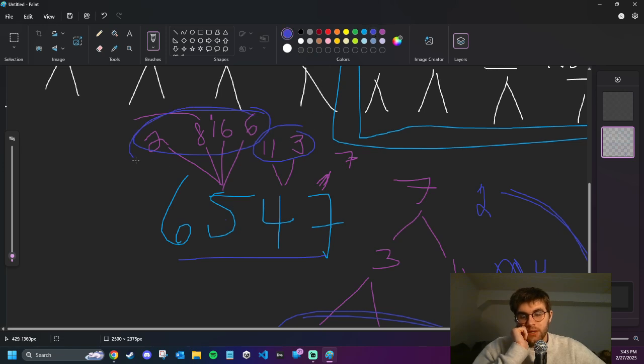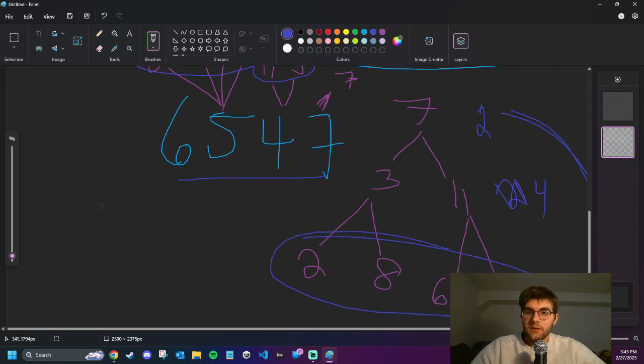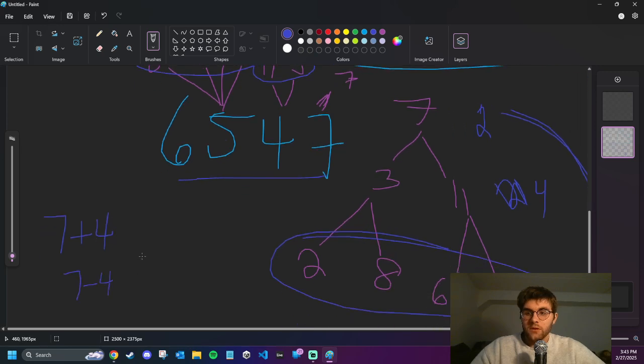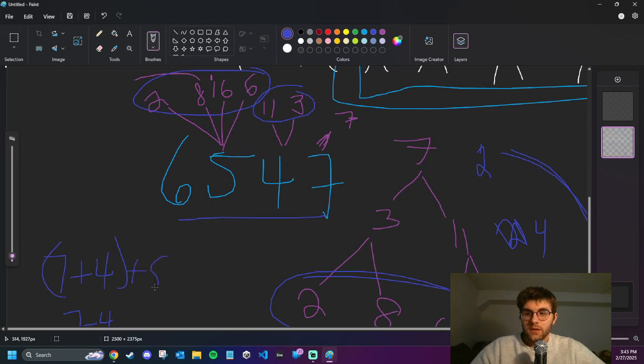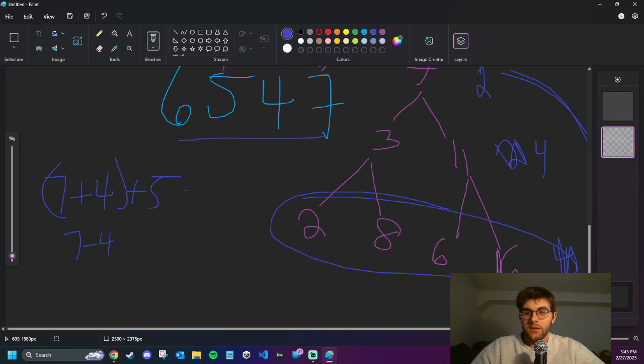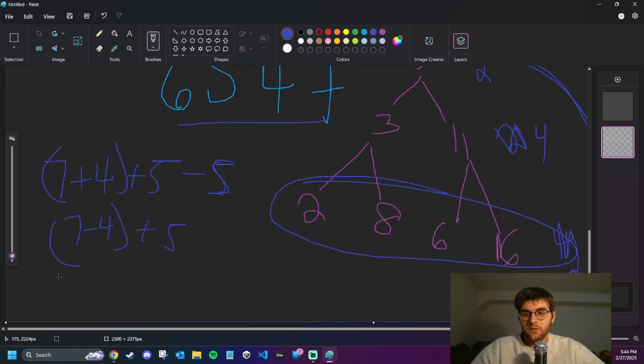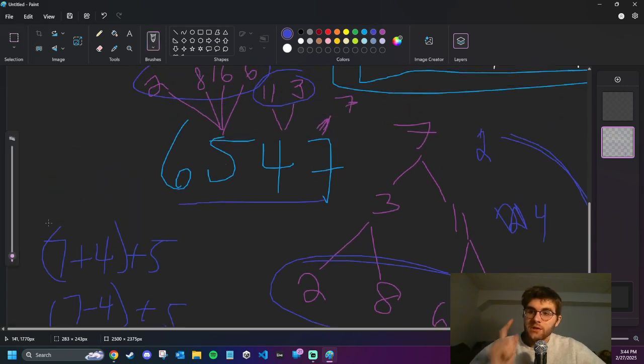So maybe we can define these as 7 plus 4 and 7 minus 4, plus 5 and minus 5. So yeah, there's still 4. So you can change the sign every time. Maybe that's it?